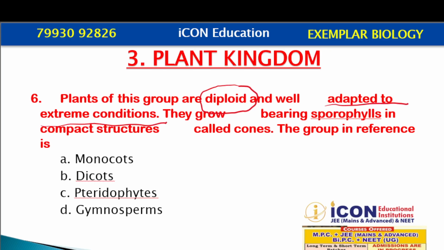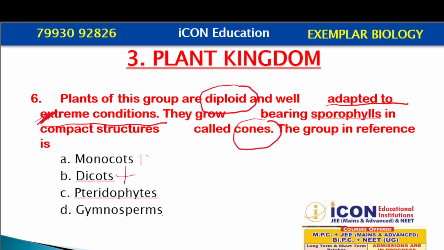So when you look at the options, they are telling about diploid, extreme conditions, and cones. So we know that the monocots and dicots will not show cones. Now two options are left, pteridophyte and gymnosperm. Both are diploid, but when you see the keyword here, extreme condition.